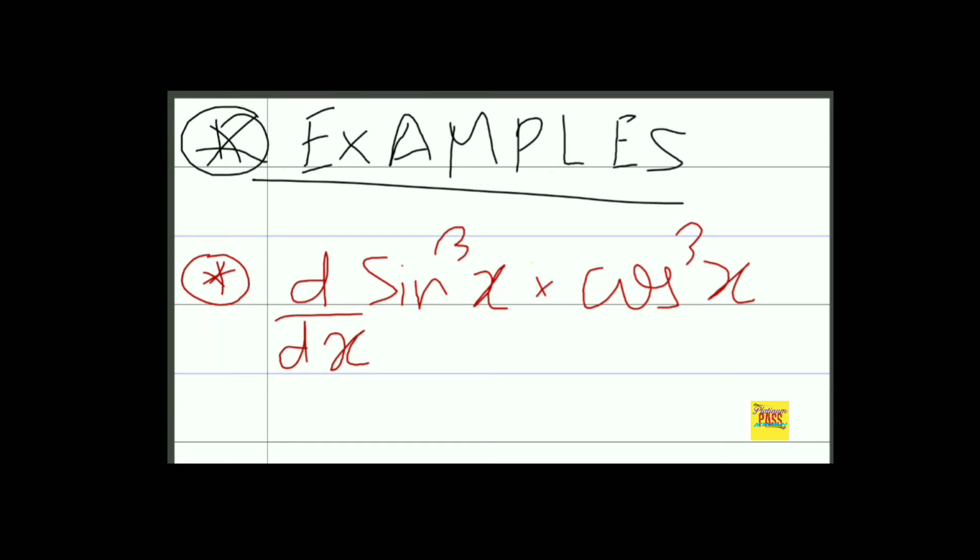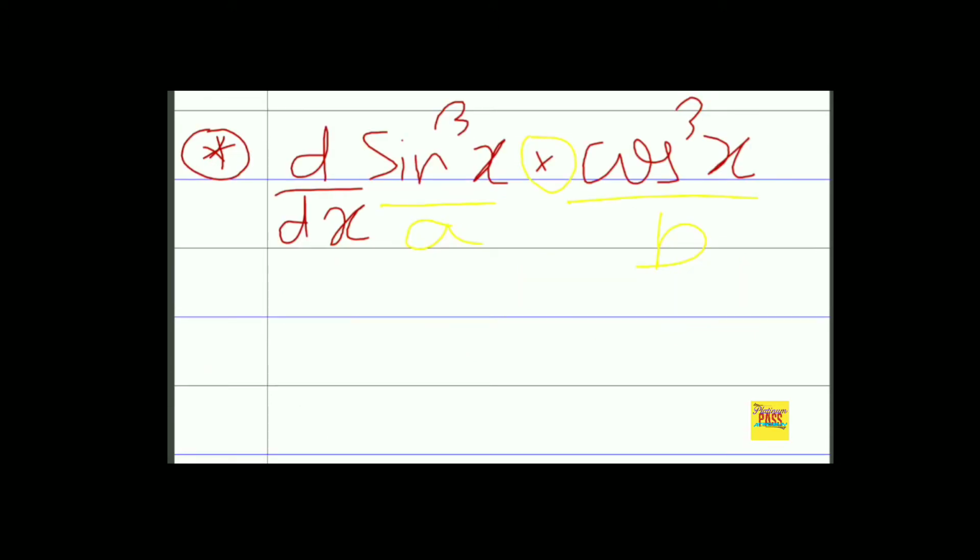First of all, we find that there is a multiplication between the two terms. To solve this multiplication, we use the a into b rule.